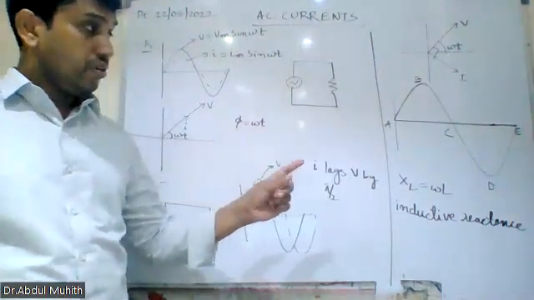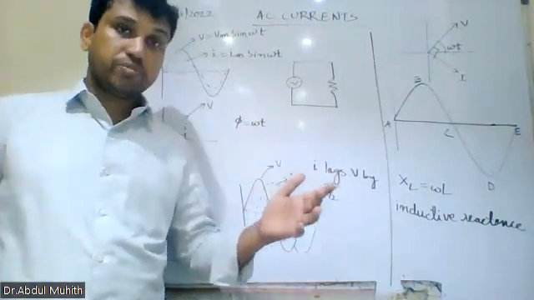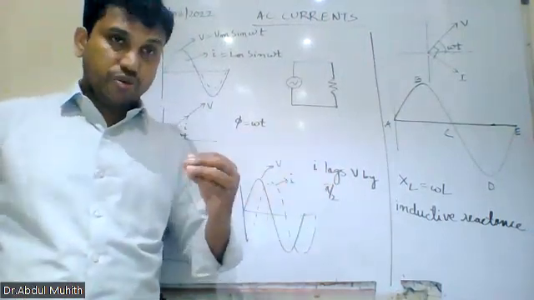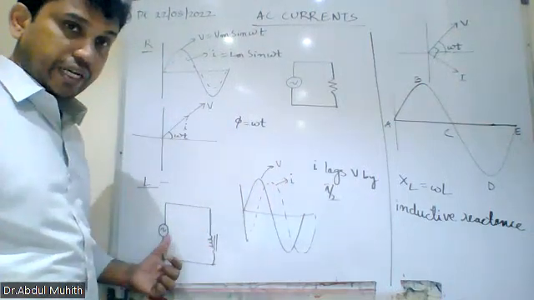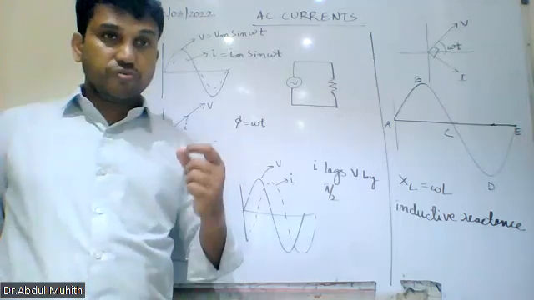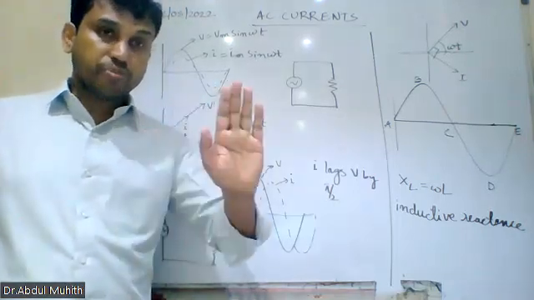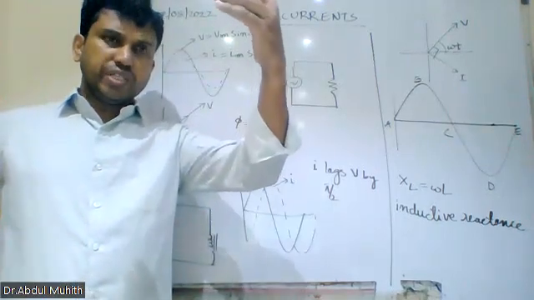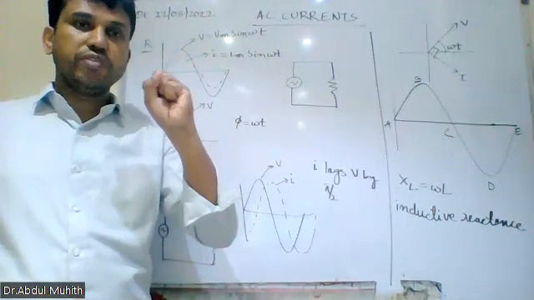What is happening now? There is some reactance, or we say impulse response. When you connect this inductor to AC, what will happen when the pulse enters? The inductor starts opposing. When something sharp is flying towards you, you close your eyes. That means there is a response given by the eye.